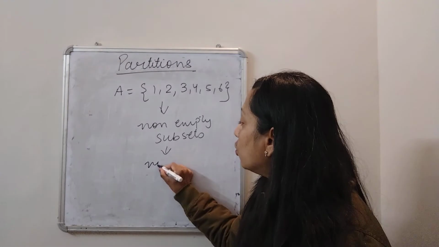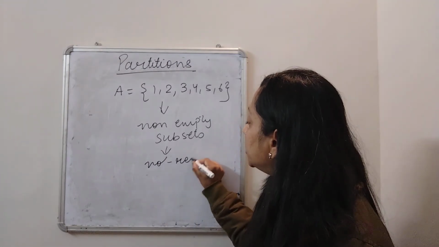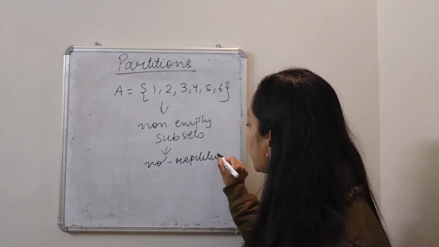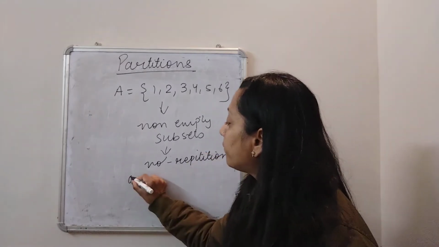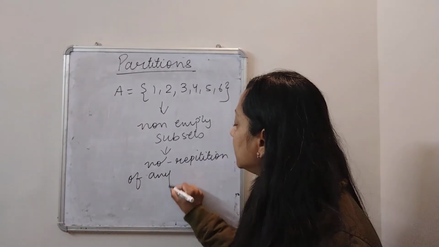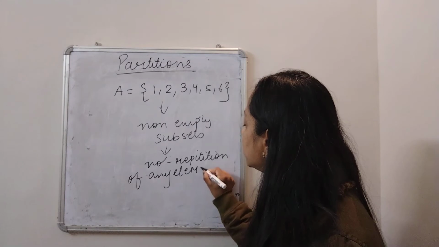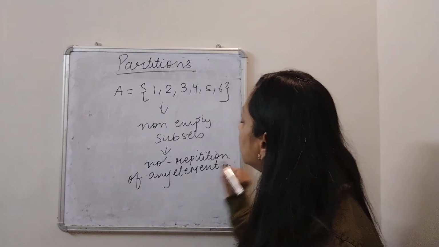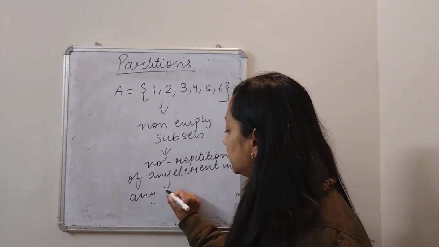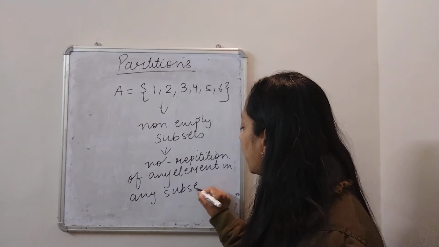So there is no repetition of any element in any subset. So two things you have to keep in mind for a partition.